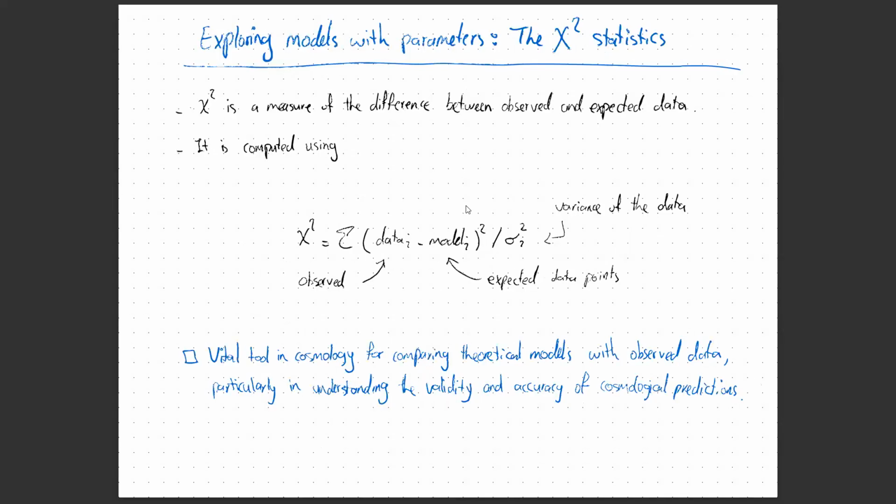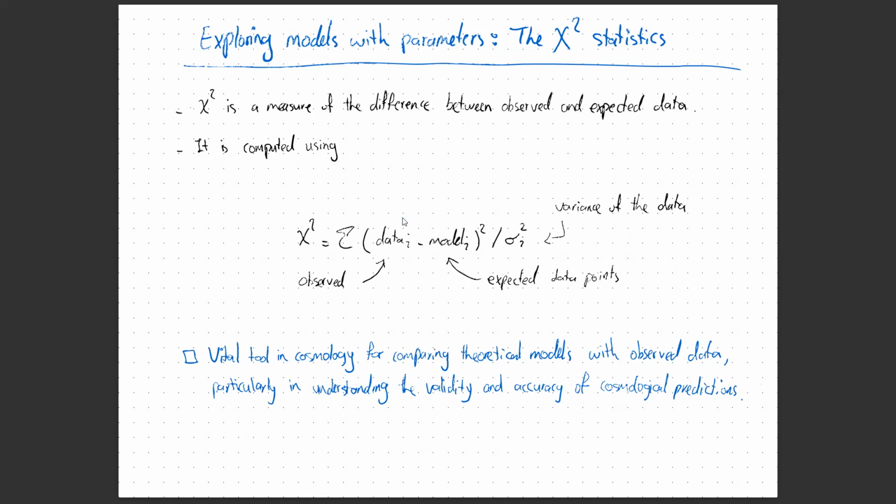For example, we can explore our models and parameters using the chi-square statistics, which is a difference between the observed data points and the expected data. As you can see, it's a very useful tool in cosmology since it talks about the goodness of fit of a model to the observed data.